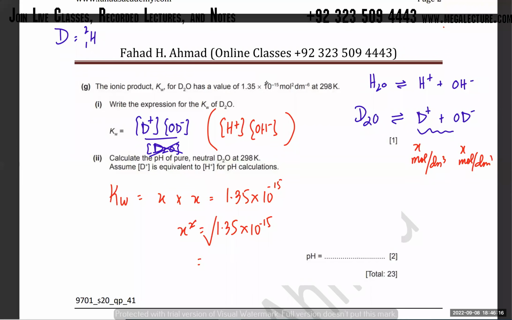So I'm getting, decimals, I'm getting 3.67 times 10 power minus 8 mole per dm cube.